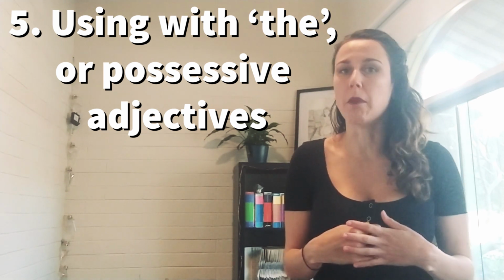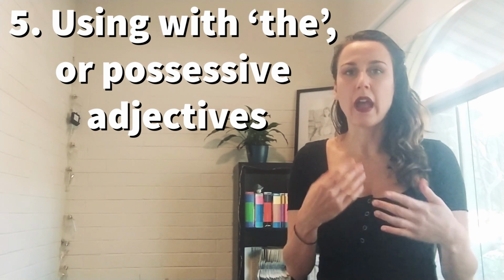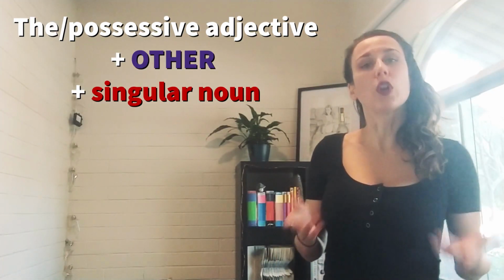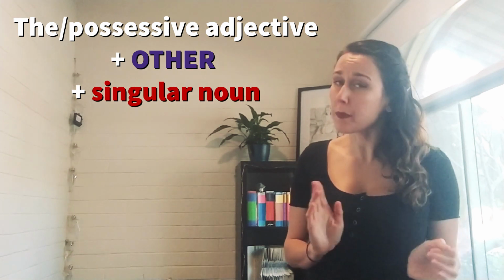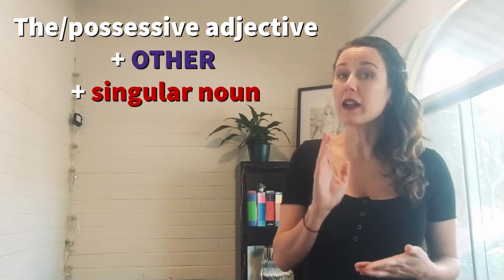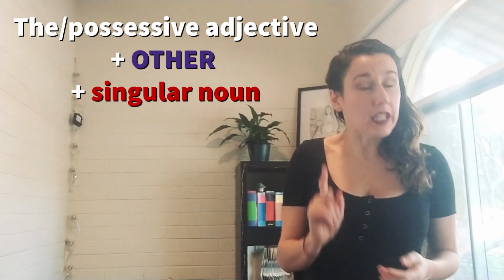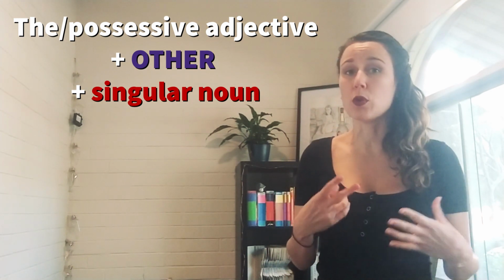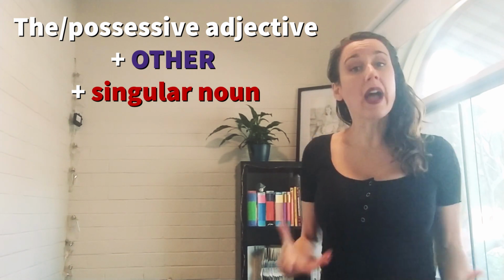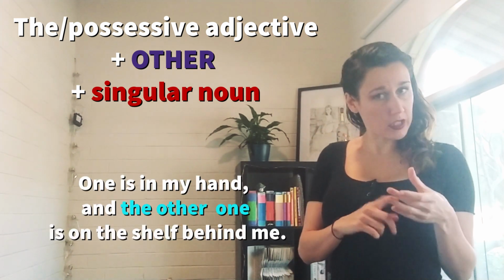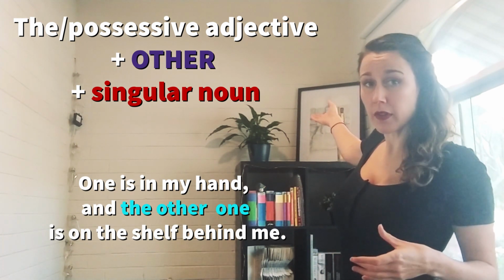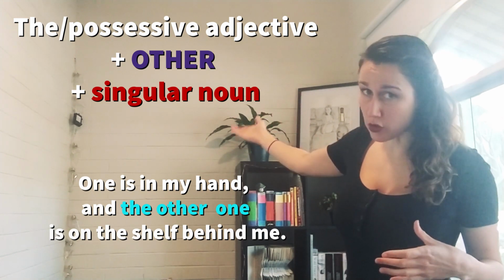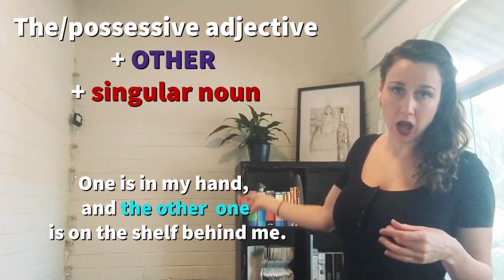For example, my, your, their, our, etc. So we can use the or possessive adjective plus other plus singular noun to mean the second of two known items. So for example, I have two drinks. One is in my hand and the other one is on the shelf behind me. The other one, the other drink, is on the shelf behind me.